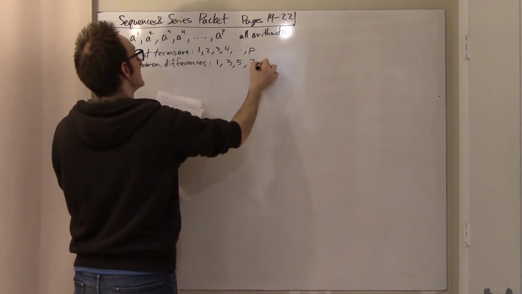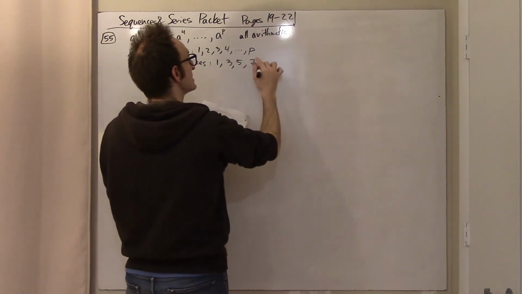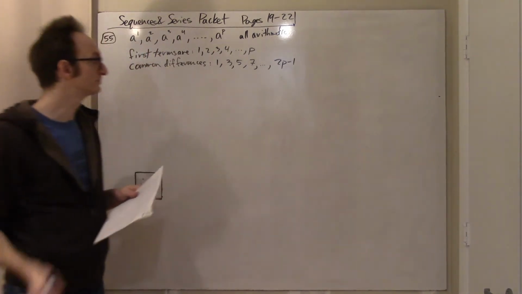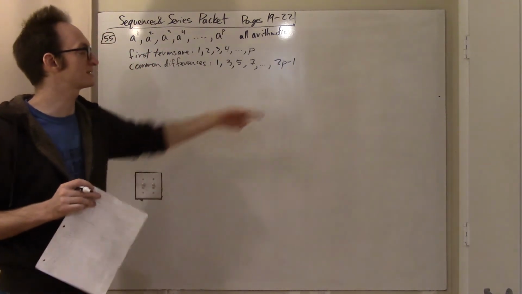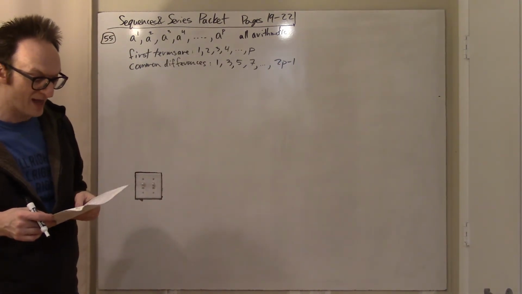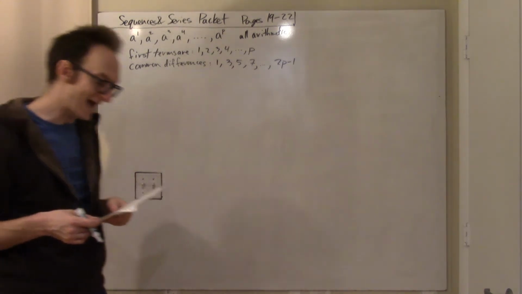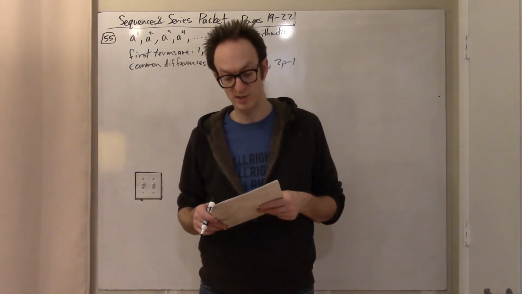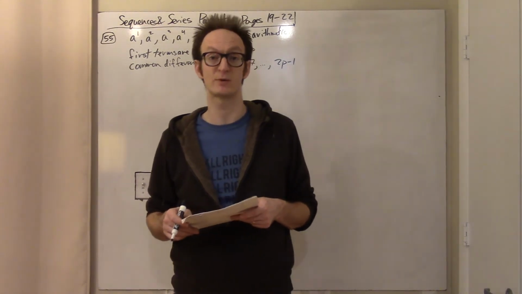So in other words, the odd numbers all the way up to the pth odd number, and the pth odd number is of the form 2p minus 1. Plug in 1 here, you get 1, plug in 2, you get 3, so that's the general form for the pth odd number. Basically we want to add up the first n terms of all of these arithmetic sequences.